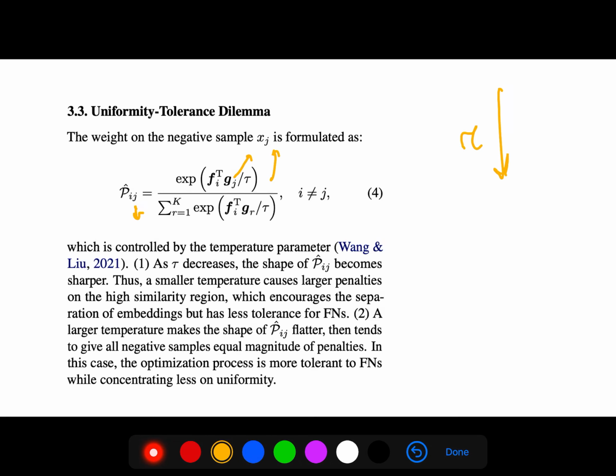Thus, a small temperature causes large penalties on the high similarity region, which encourages the separation of embeddings, but has less tolerance for false negatives. And a larger temperature makes the shape flatter and tends to give all negative samples an equal magnitude of penalties. So there should be a trade-off between them.